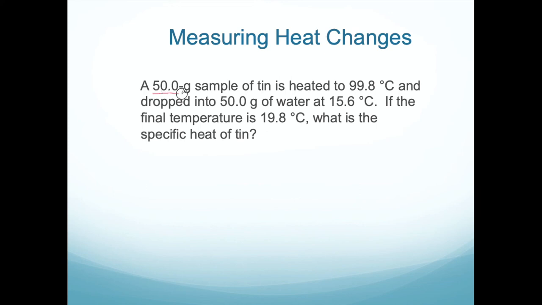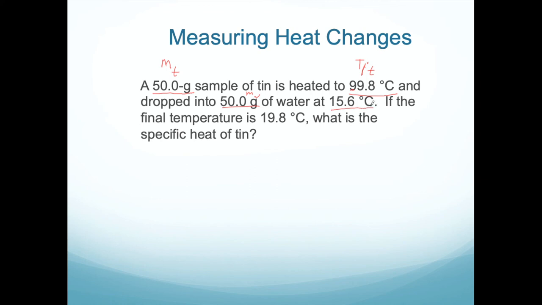It's giving you 50 grams as the mass for the tin. It's telling you that the tin was initially at 99.8 degrees Celsius, so that's the initial temperature for the tin. And we're told that we have 50 grams of water, so that's the mass of the water.